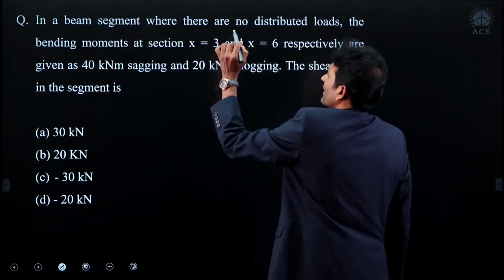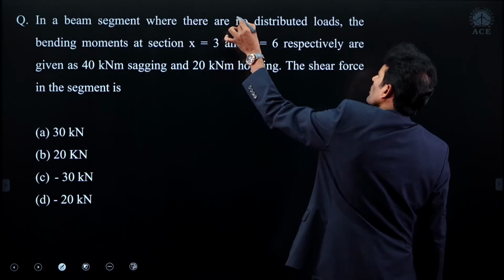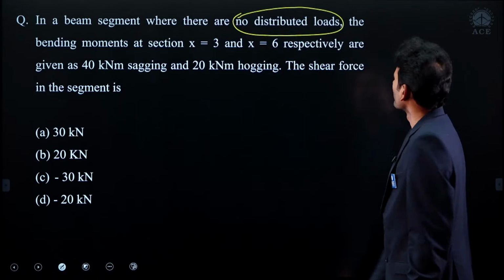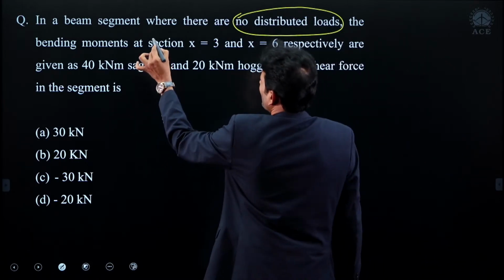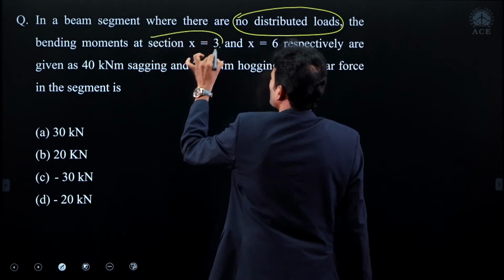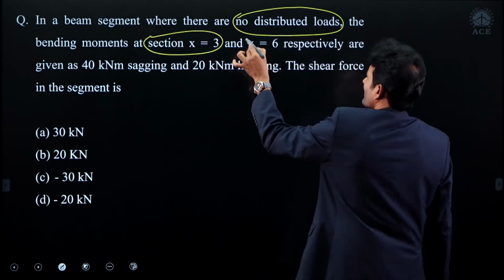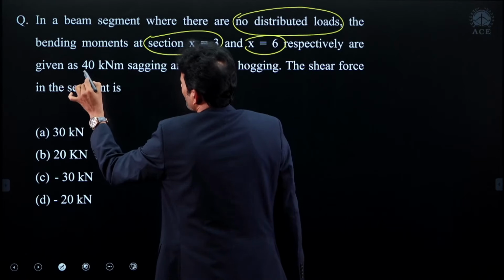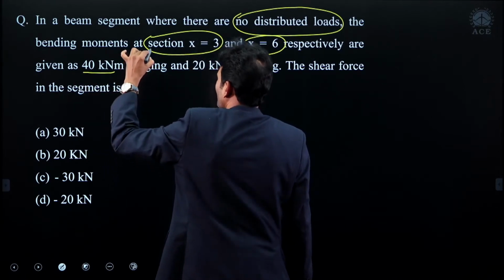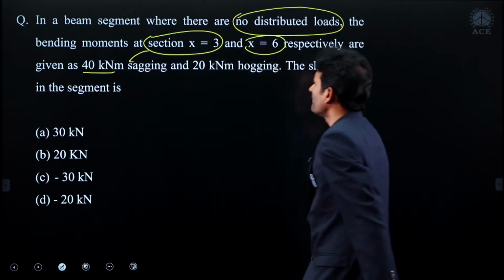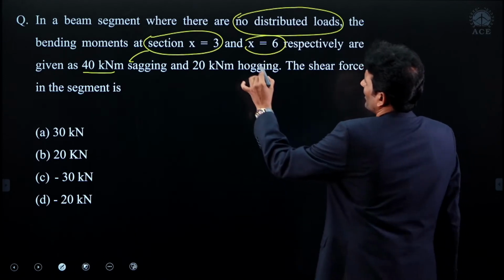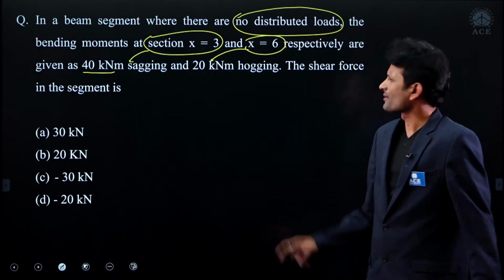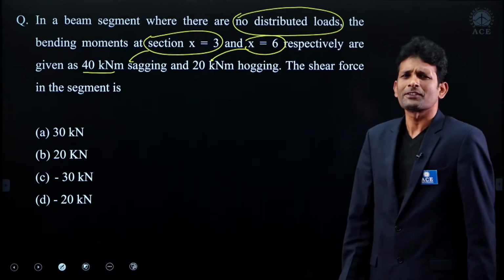In a beam segment where there are no distributed loads, this is a keyword here. The bending moments at a section x equal to 3 and x equal to 6 units respectively are given as 40 kilonewton meter sagging at section x equal to 3 and 20 kilonewton meter hogging at section x equal to 6 meters.